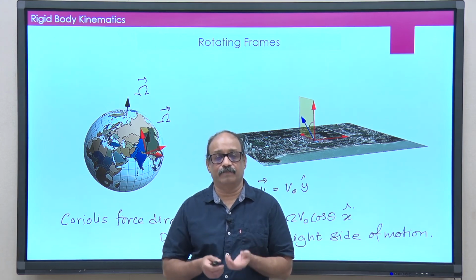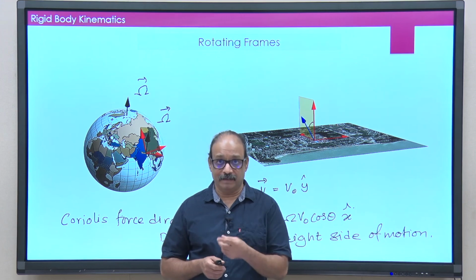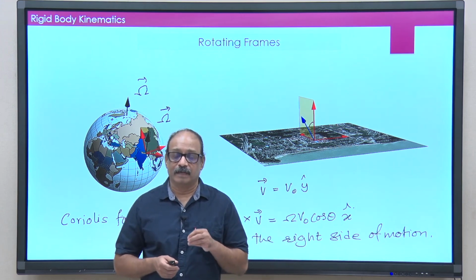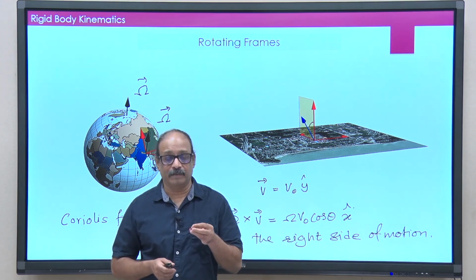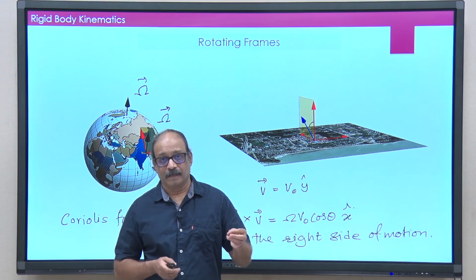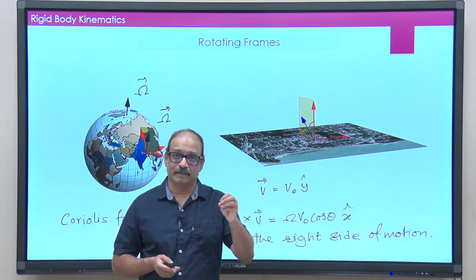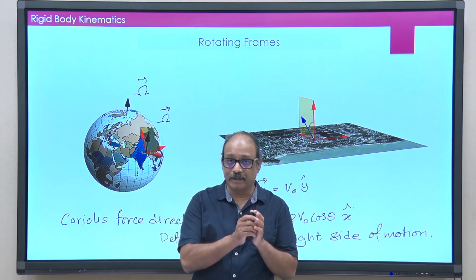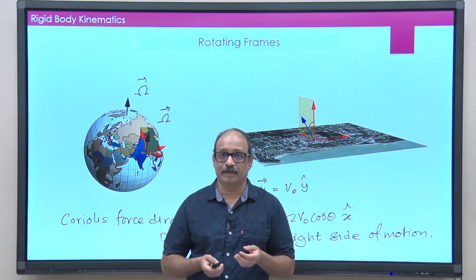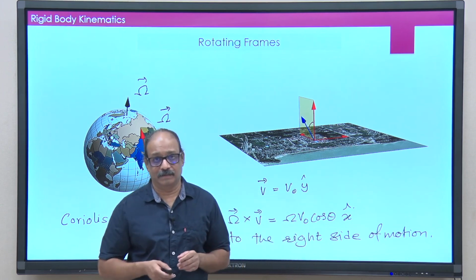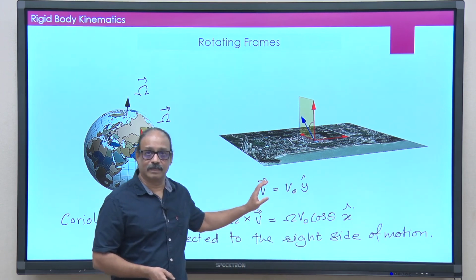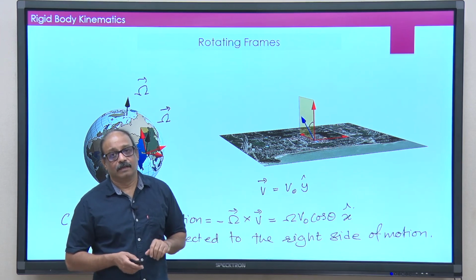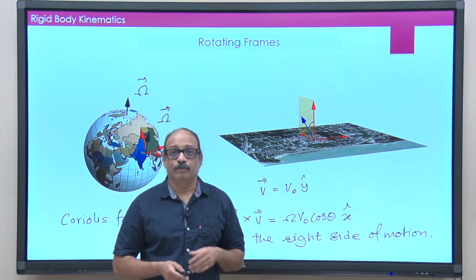The main quantity that we would look at is angular momentum, because remember Newton's law for angular momentum is dL by dt equal to torque. So, what will happen to the angular momentum when seen from the rotating frame is what we will use this expression for. Fine. So, that we will do in the next week.